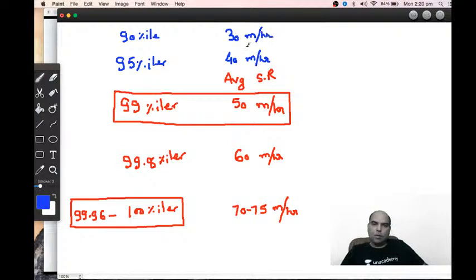And there'll be a huge dip in your percentile if you come down below 30 marks per hour to 20 marks per hour. Then your percentile will dip to 65, 70 percentile. So this is the basic spectrum on which you're working.